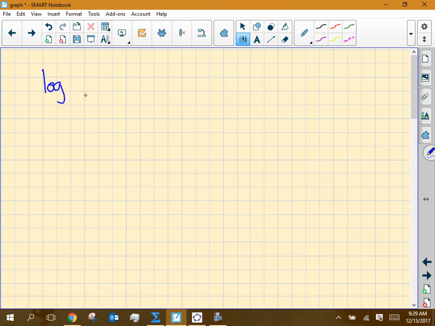If I have log base m of a times b, you guys remember last year talking about how that is log base m of a plus log base m of b? Ever remember doing that? If I have an argument that is a product for one logarithm, we can change it to a sum of logarithms with the same base of those individual factors, a and b.